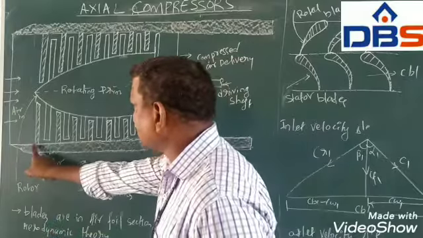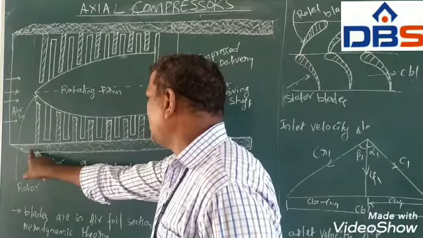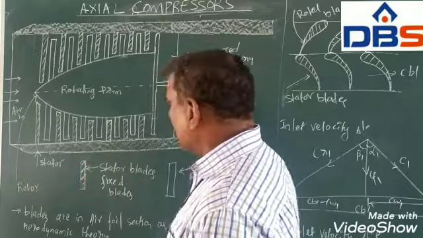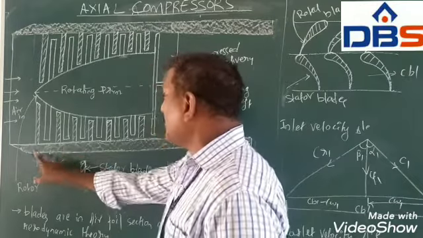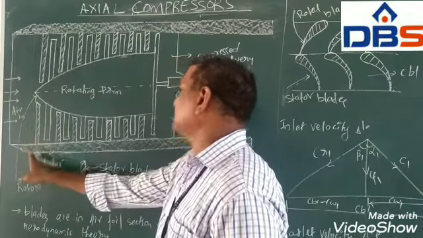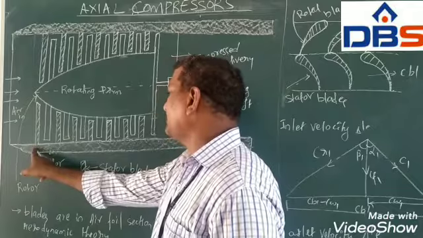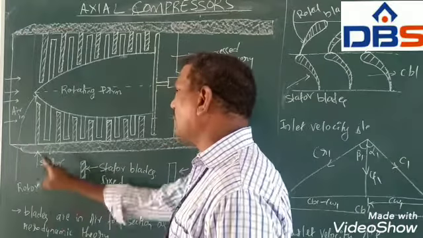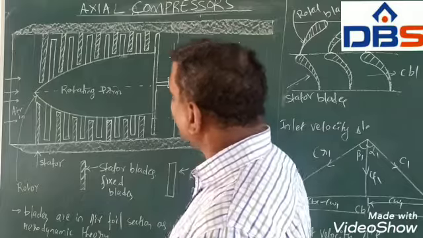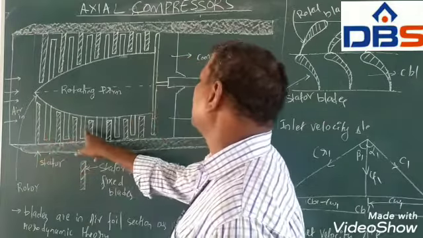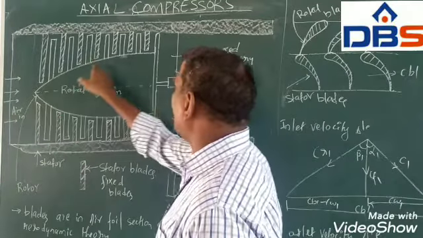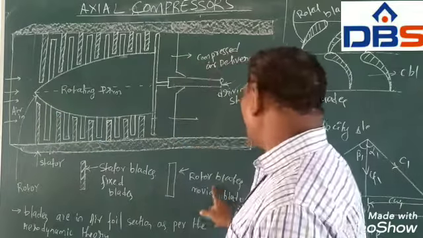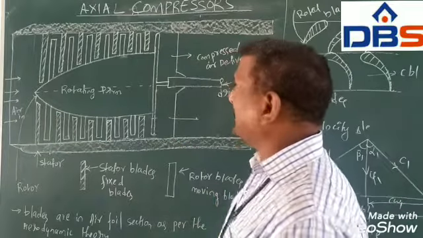Here, certain blades are mounted to the stator casing. Those blades which are mounted or keyed to the stator are called stator blades or fixed blades. Those blades which are mounted on the rotating drum are called rotor blades or moving blades.